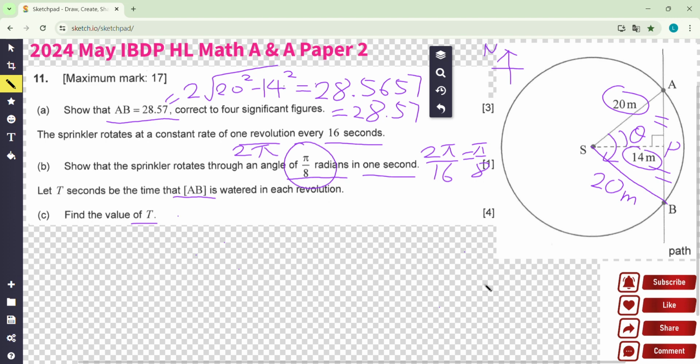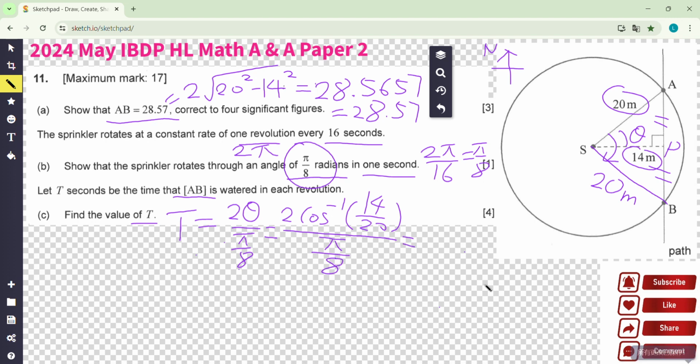So you know that the period equals 2 theta over pi over 8, and theta is inverse cosine, arccos of 14 over 20, and then over pi over 8, and this is the value. Pause the video, work on it.